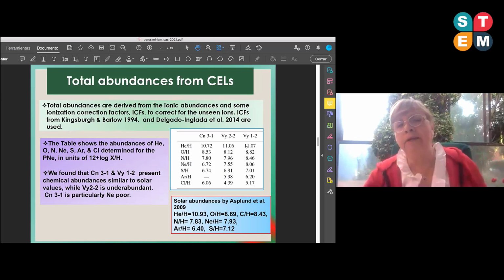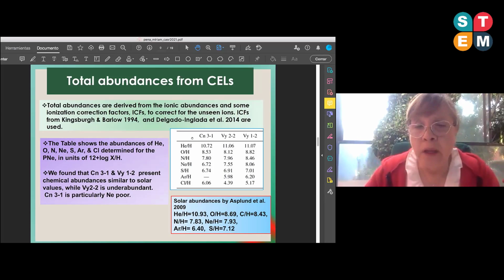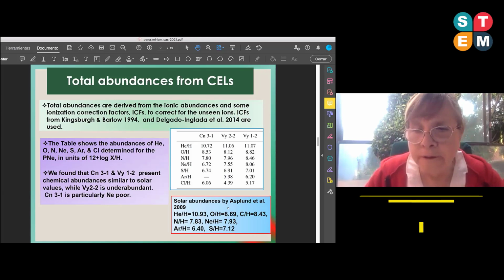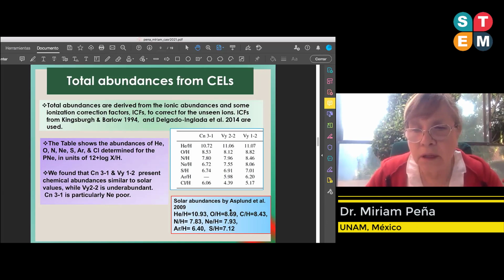We can compare these abundances with the solar abundances by Asplund et al. 2009, which are shown in this small row here.